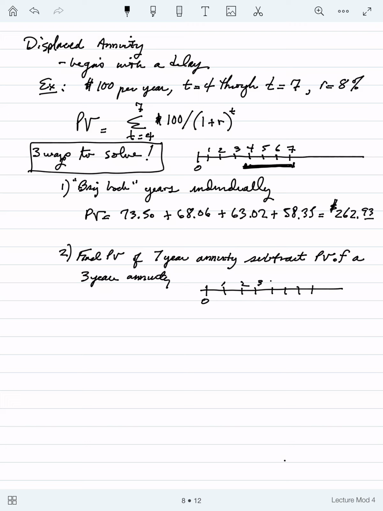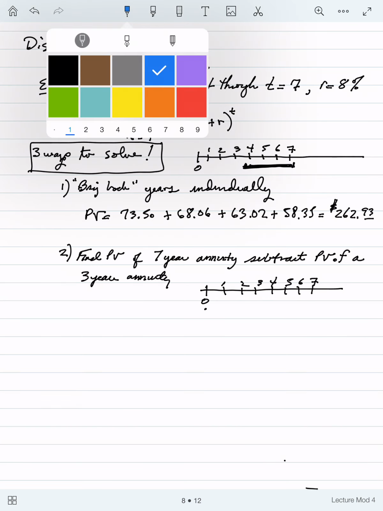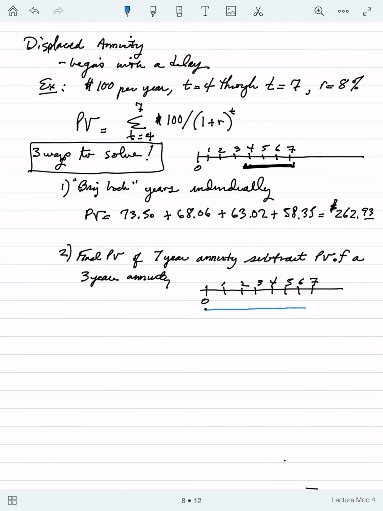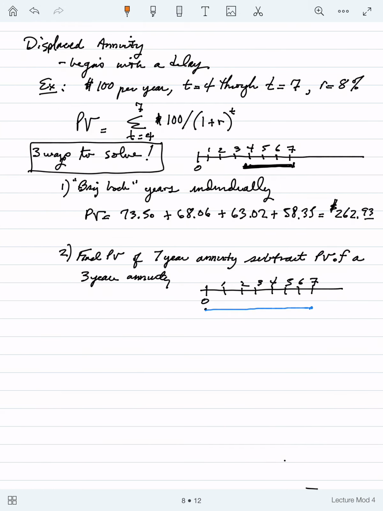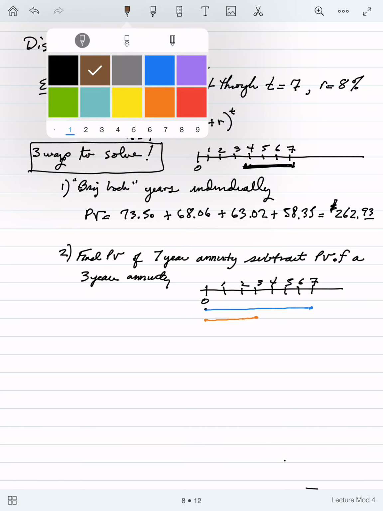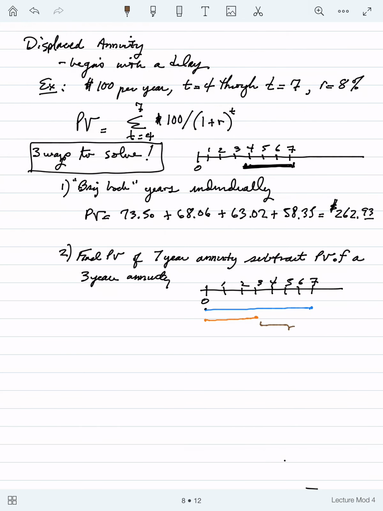So these time periods, I'm going to do the full 7-year annuity, and then we'll also calculate a 3-year annuity and see what that does. It leaves you with this distance here, which is equivalent to the present value from years 4 through 7, right?